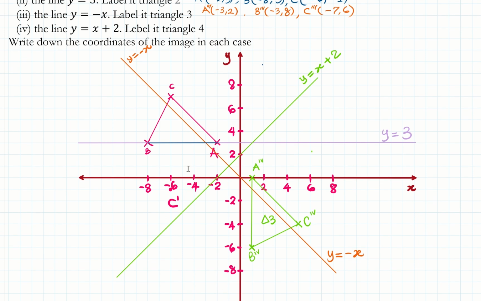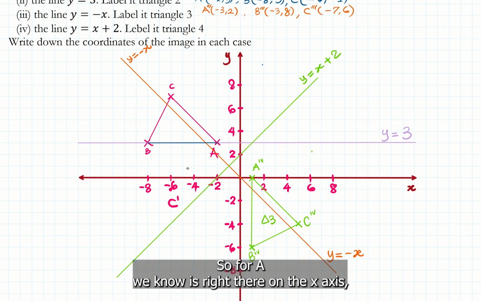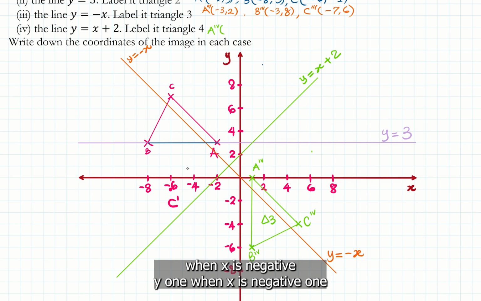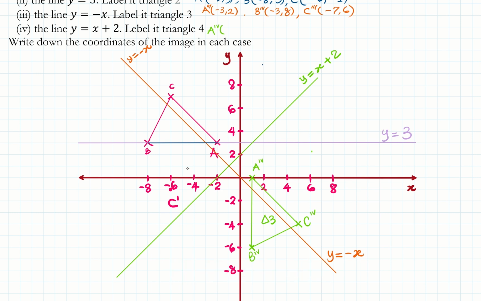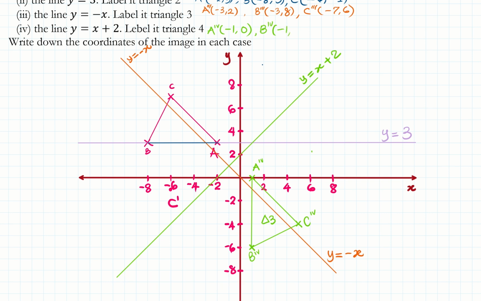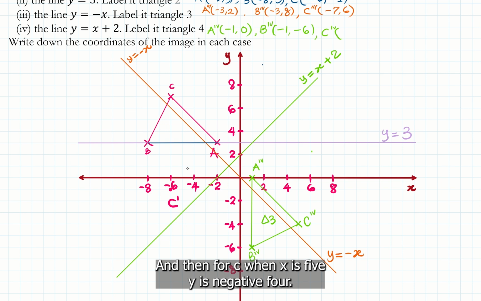For A, we know it's right there on the x-axis. When x is -1, y is 0. For B, when x is -1, y is -6. And then for C, when x is 5, y is -4.